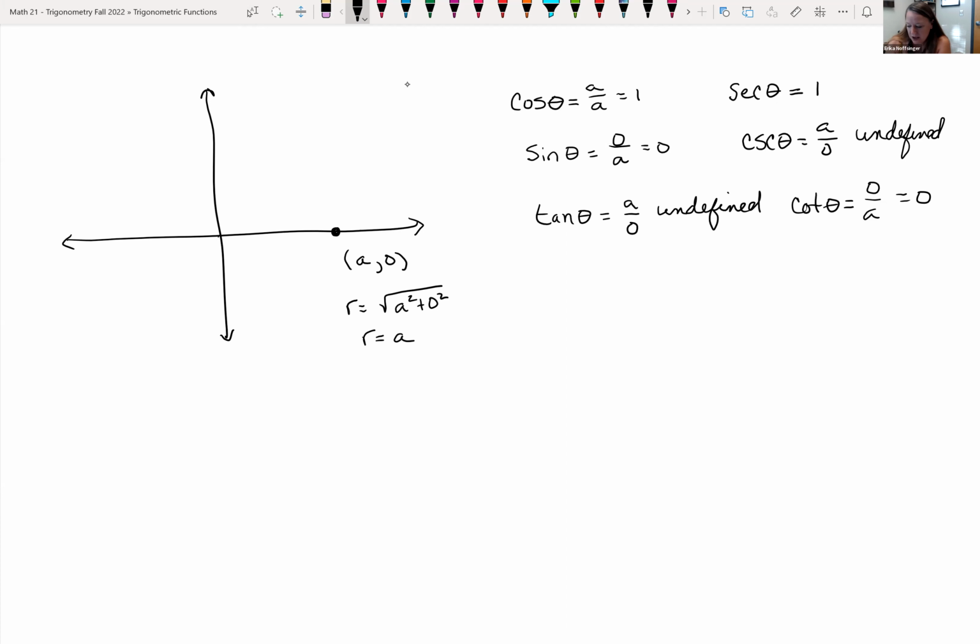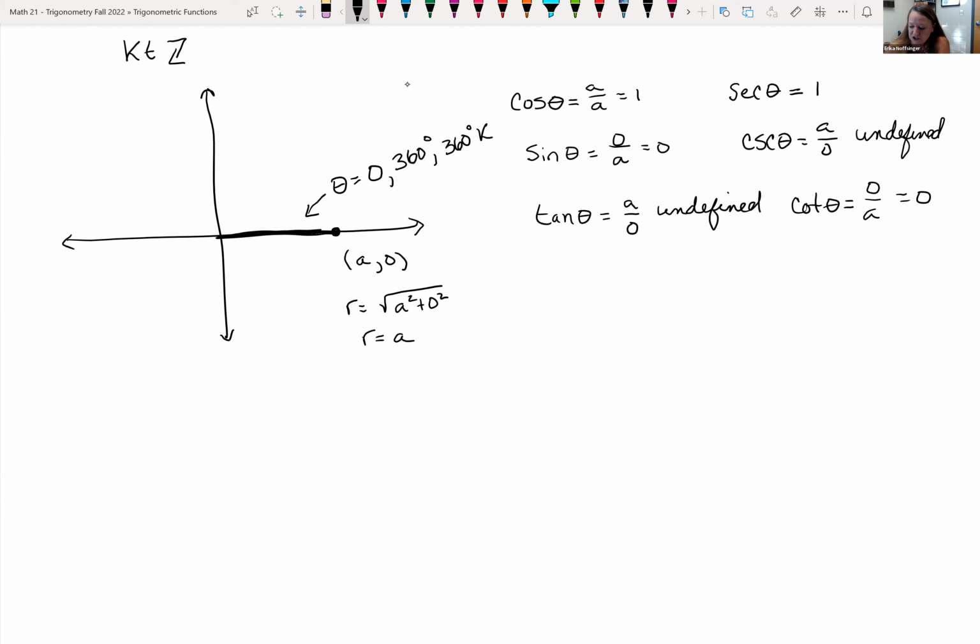So notice if we're on the positive x-axis, our values here for theta could be 0. We could do a full rotation, which would get us 360 degrees. Or we could do multiple full rotations, 360 degrees times k, where k is an integer. So that funky kind of E means contained in the set. This funky kind of Z means integer.